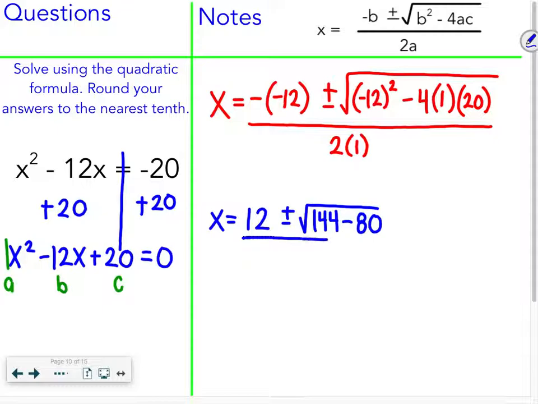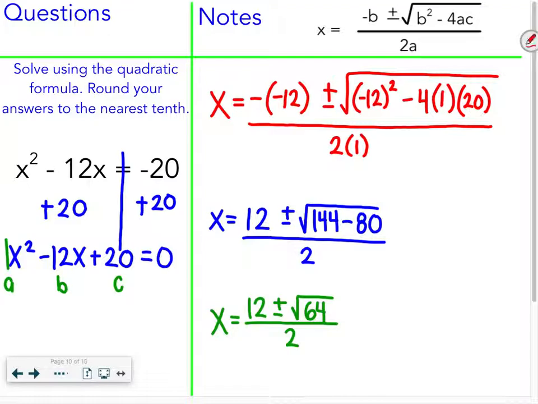And then over 2a, so 2. Then I'm going to do one last step of simplifying because I can subtract the 144 minus the 80. So 12 plus or minus the square root of, and then 144 minus 80 is 64 over 2.